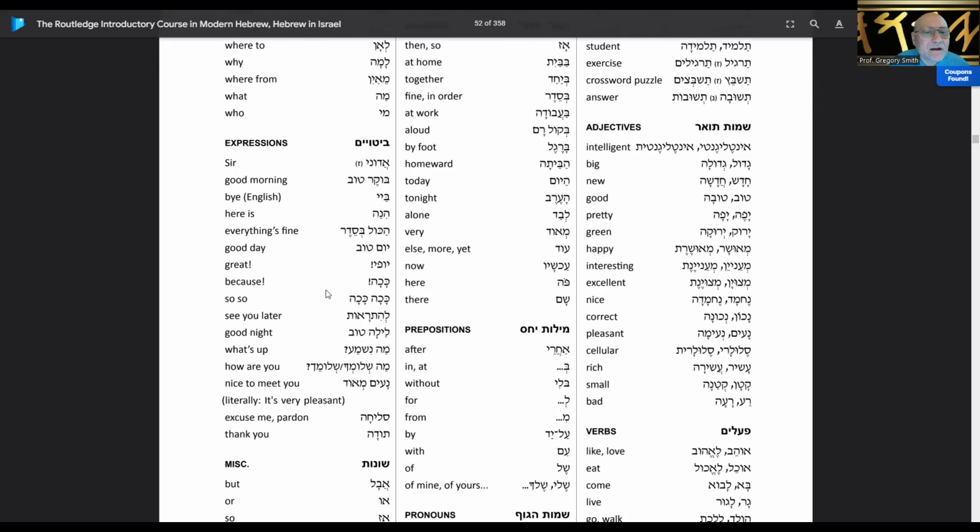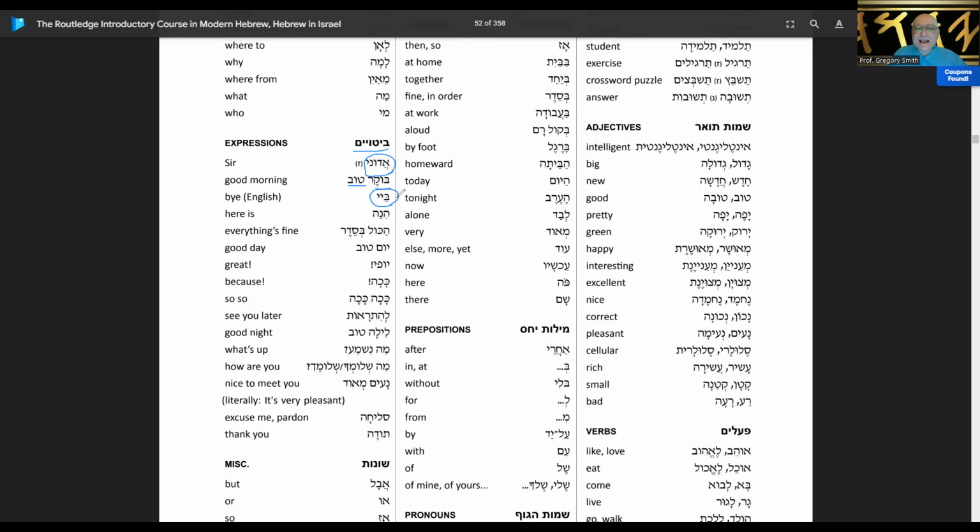Let's see. ביטויים, Bitoyim. Okay, so that's what this is, expressions. Okay, so here's Adoni, means sir. Boker Tov, good morning. Look at this.